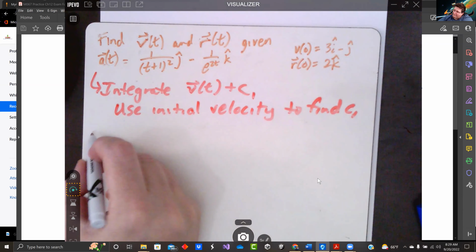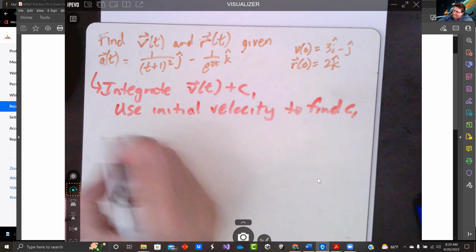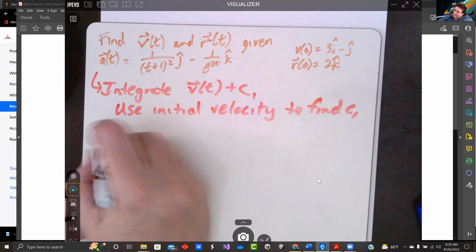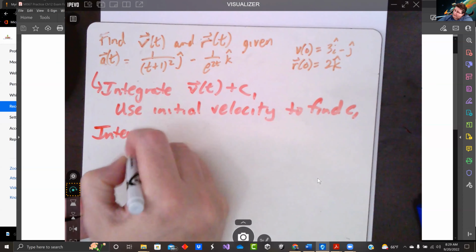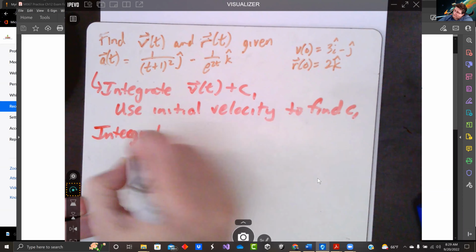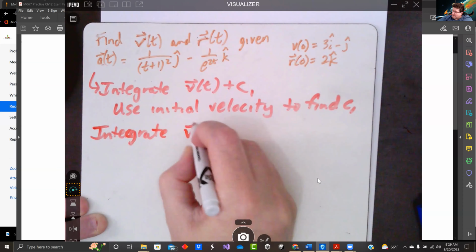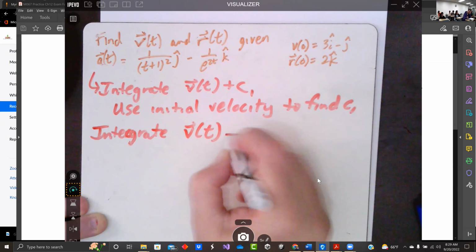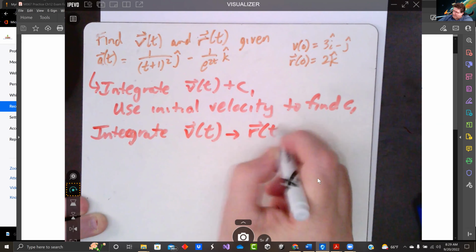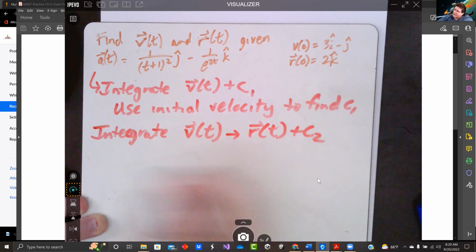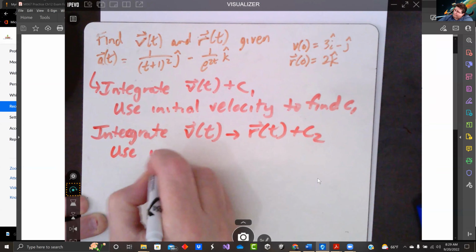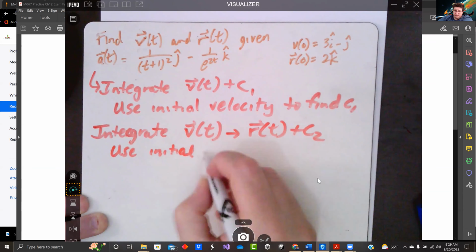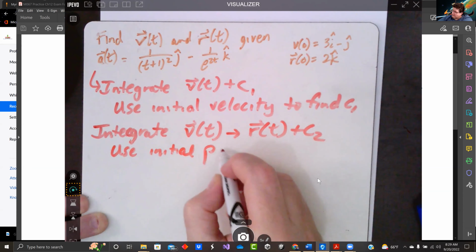Once we have that, we'll plug it in and B will be complete. Then we'll integrate the complete B to get R, and we'll have R of T plus a second constant. Then we use the initial position to find C2.